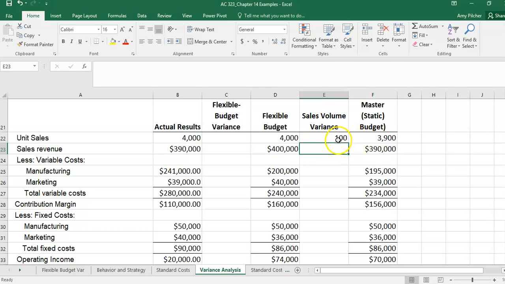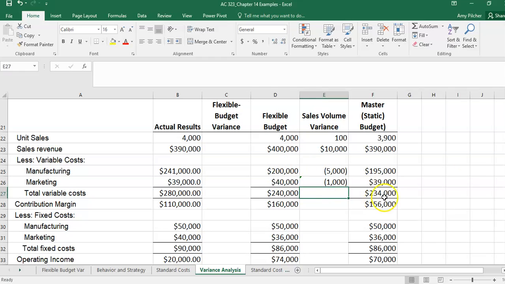We have 100 favorable variance for number of units sold. We have a $10,000 favorable variance for sales revenues. We have a $5,000 unfavorable variance for manufacturing costs and a $1,000 unfavorable variance for our variable marketing expenses.